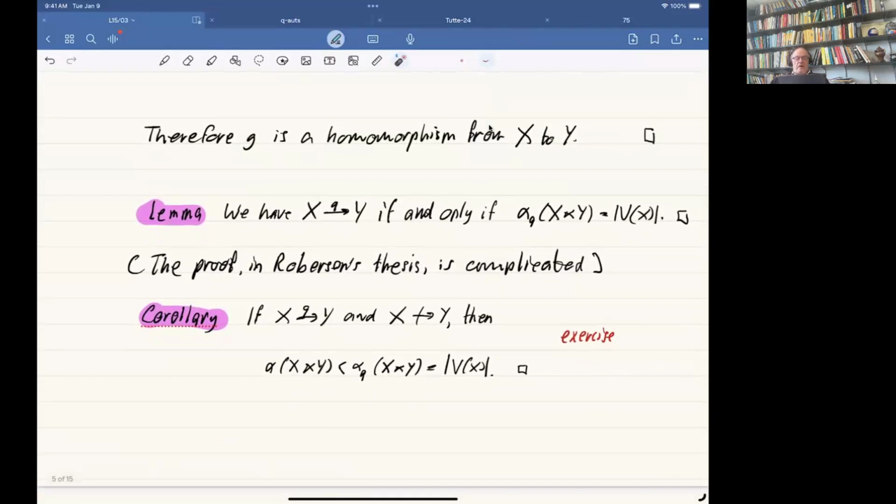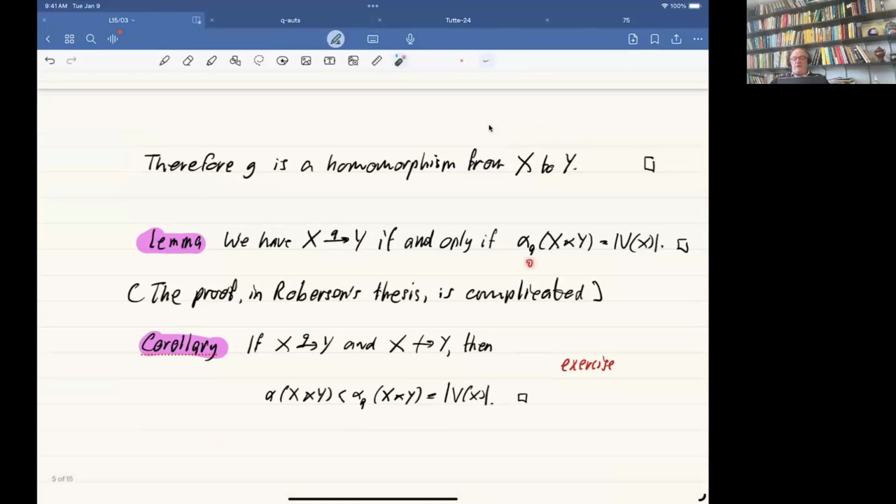Now, there's a lemma due to Roberson and Mančinska. Actually, it first appears in Roberson's thesis, and it tells us that there's a quantum homomorphism from X to Y if and only if alpha_q, the size of a quantum coclique in the homomorphism product of X to Y, is equal to the number of vertices of X. So this is just the previous theorem with q added twice, once on the homomorphism, once on the alpha.